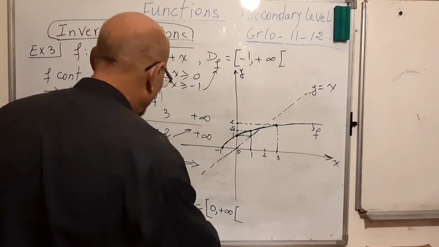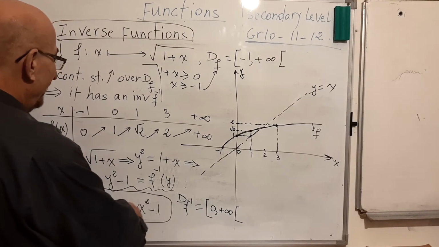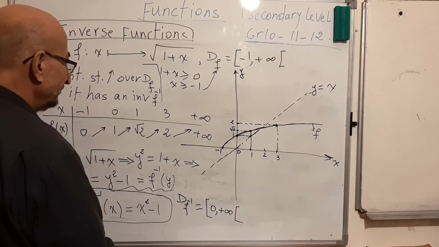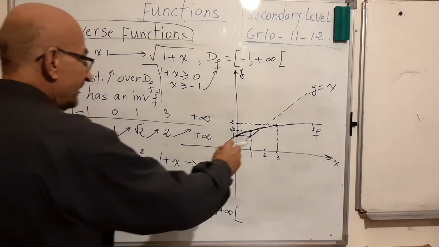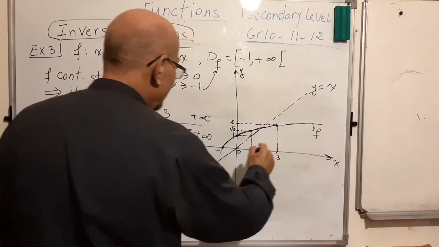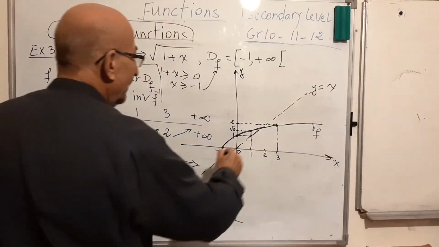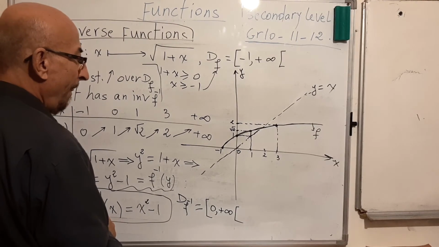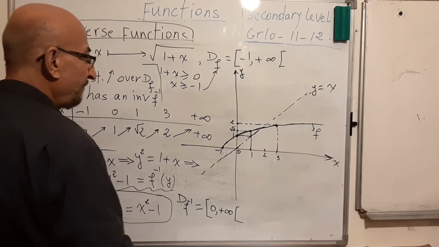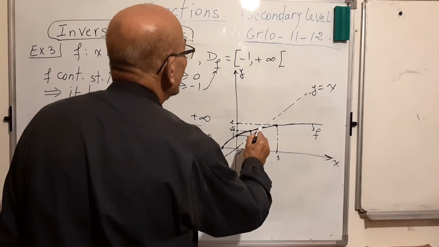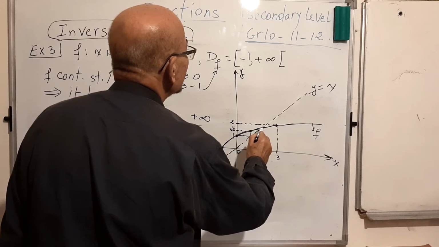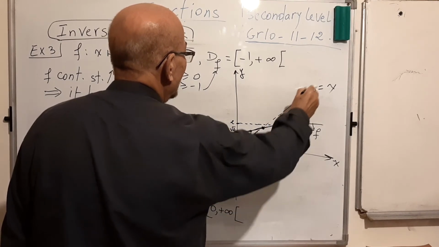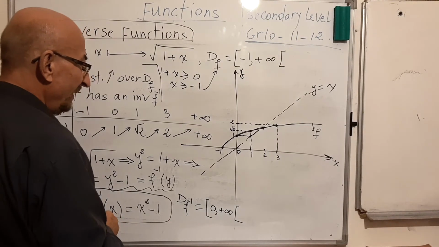The graph of f minus 1 is the symmetric of that of f with respect to y equal x. The two graphs intersect on y equal x.